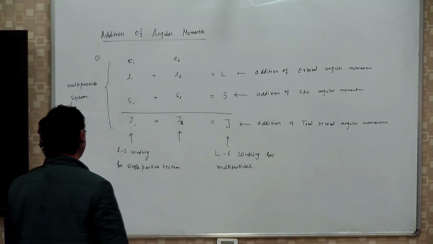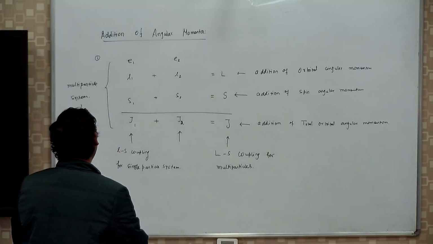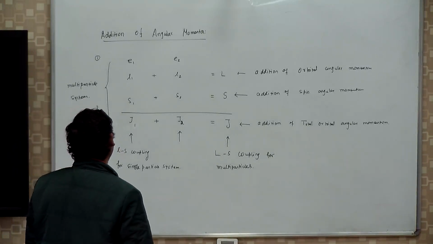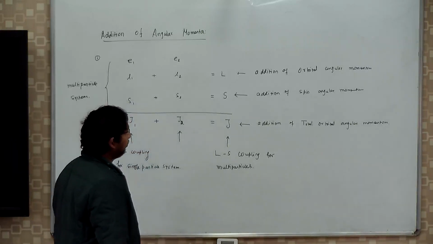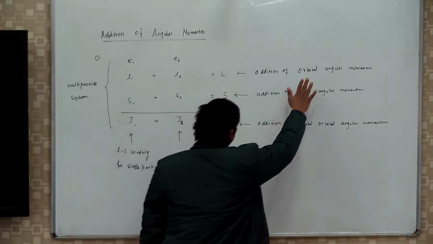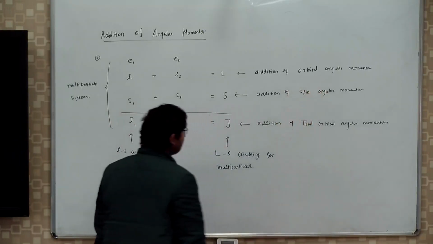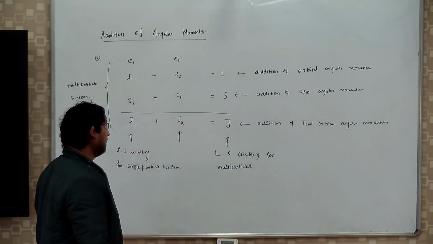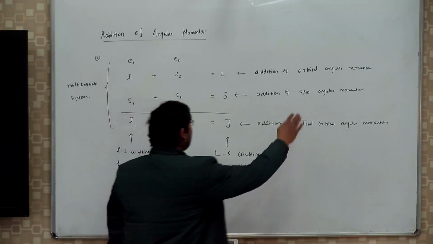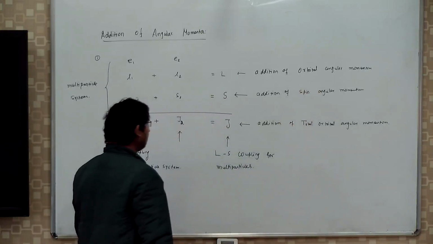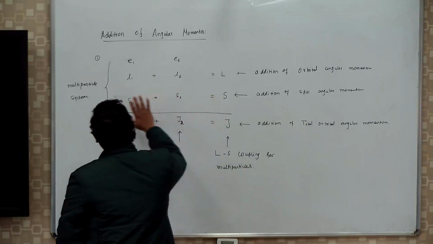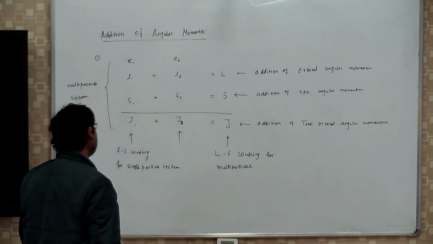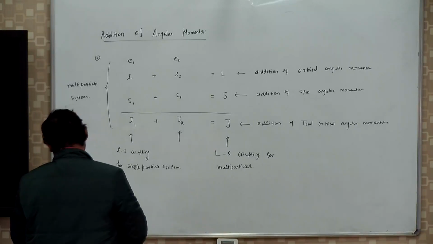So these are the ways we can add two or more angular momenta. It may be purely orbital angular momenta, or purely spin angular momenta, or a mixture of orbital and spin angular momenta is also possible, and depending upon the condition we get either a multi-particle or a single particle system.